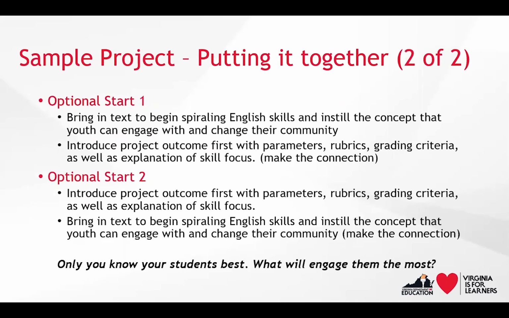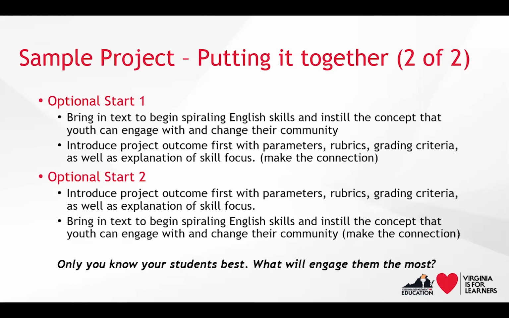So now we're going to begin to look at how we start. And there's really 2 ways you can do this. Optional start number 1 is where we bring in those texts and begin spiraling in the English skills to instill the concept that not only can youth engage with and change their community, but there are other people outside who are doing this.